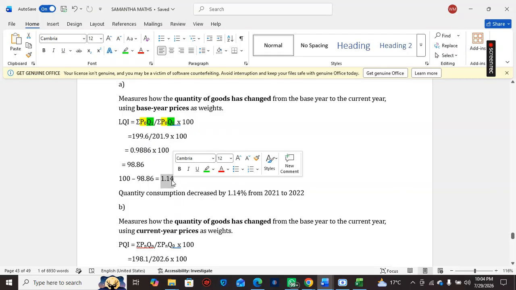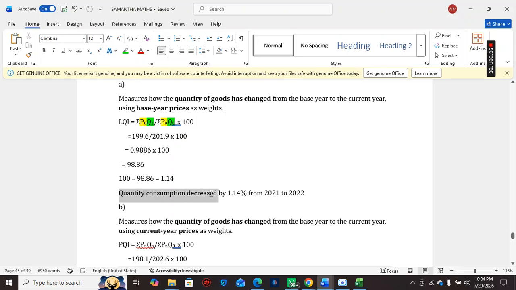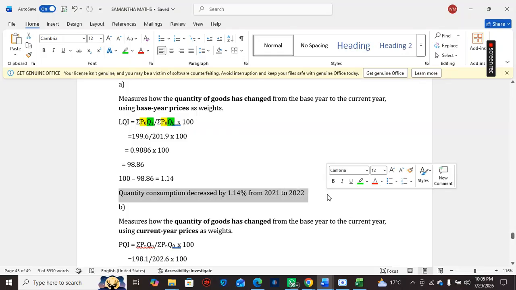So this 1.14 is telling us that quantity consumption has decreased by 1.14% from 2021 to 2022. Any questions?